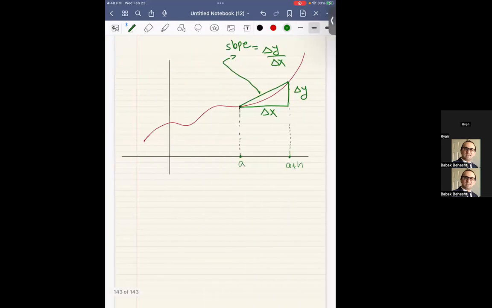So instantaneous rate of change, let me write it here.